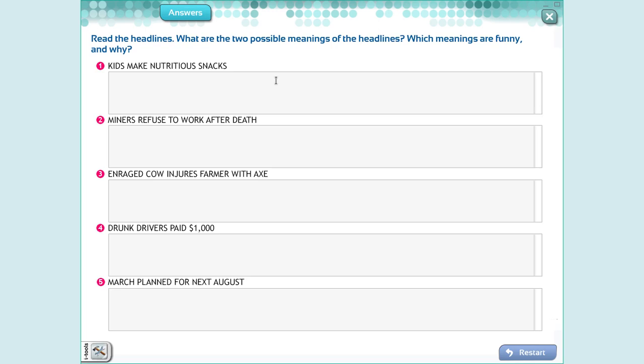Okay? So, we can imagine that the kids produce their own snacks. Or the kids can be eaten. Yes, the snacks. What ideas comes to your mind when you read these headlines? That's what you have to do. Okay, you can write 1 or 2 meanings for each sentence, but 1 is enough.